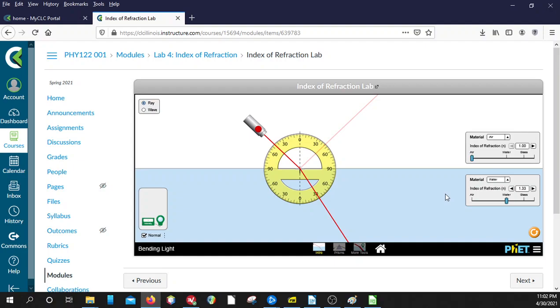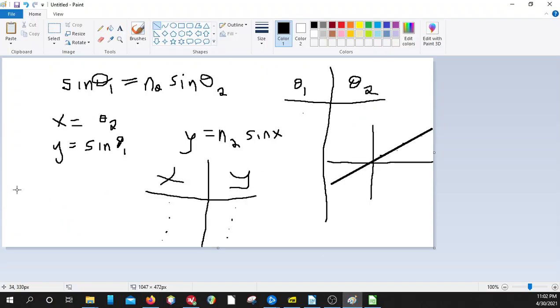Okay. Now because we have an accepted value and a measured experimental value, make a table and just compare them. We'll have n experimental. Now this one, we don't really have a theoretical value.